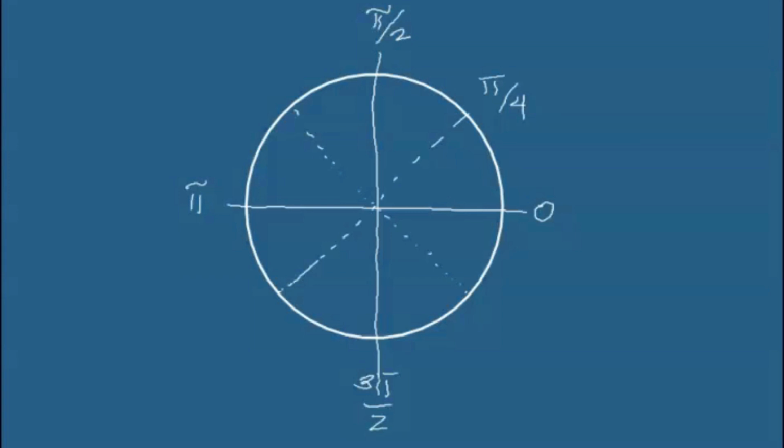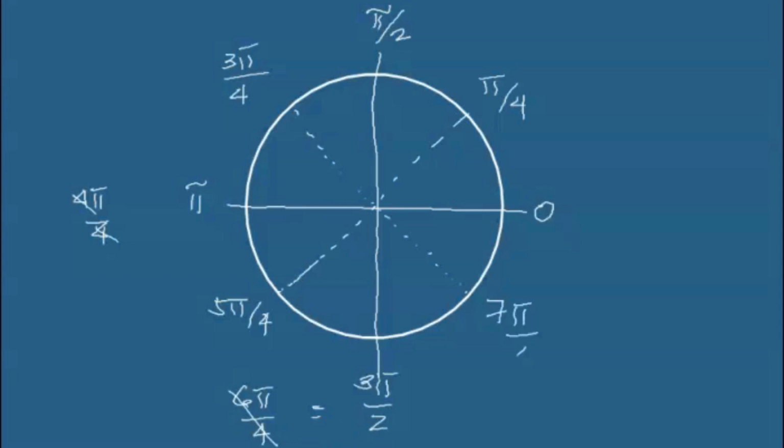So this one is 3 pi over 4. Then we have 4 pi over 4, which is pi. And then we have 5 pi over 4. And then this is 6 pi over 4, reduced to 3 pi over 2. And then we have 7 pi over 4.